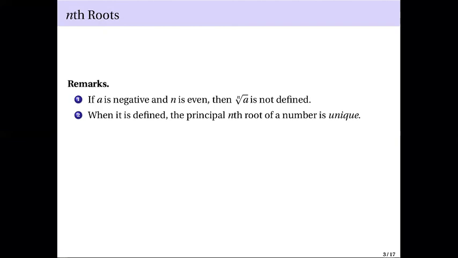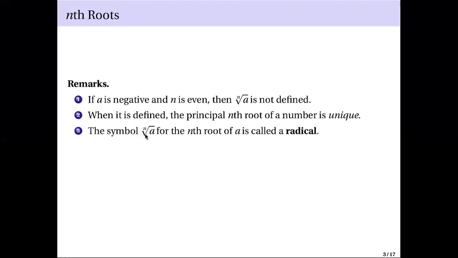It will be almost all the time the positive side, especially for n even. And of course when n is odd and a is negative, then the principal nth root will also be negative. But it is unique. There will be no other principal nth root.